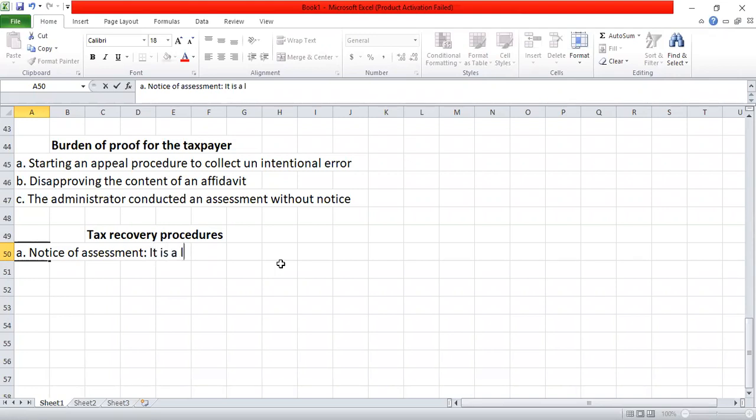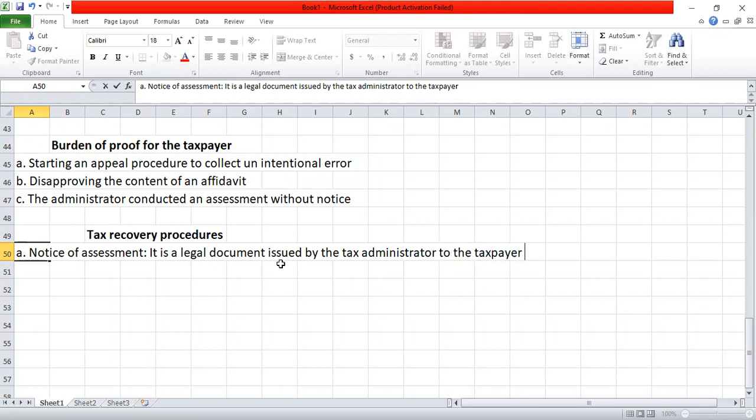A notice of assessment, as we have already said, is a legal document which the tax administrator issues to the taxpayer in case they want to recover taxes and penalties.